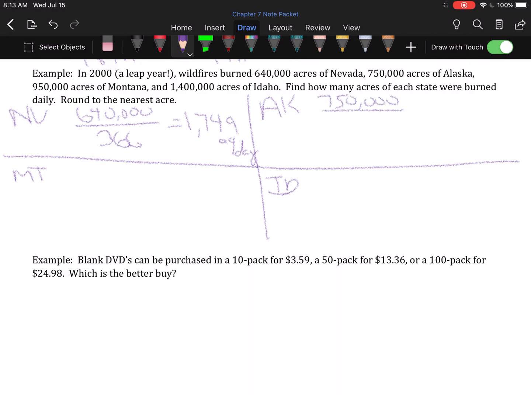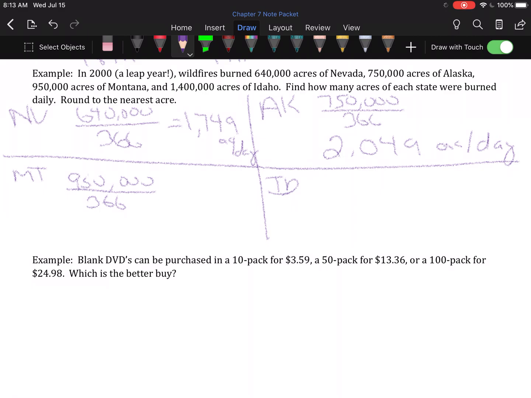So 750,000 acres of Alaska burned divided by 366. We get 2049.1. The 0.1 says keep the 9. So it's 2,049 acres per day. Montana was 950,000 acres divided by 366.